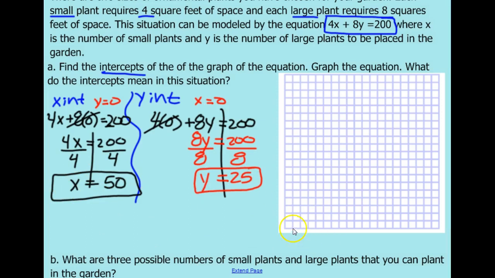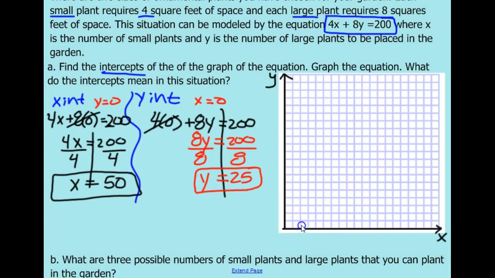So because both of these are positive, I'm going to just make this my x-axis and this my y-axis. X and y. And I'm going to have my lines, let's say, go by 5s so that we can get to 25 and to 50.